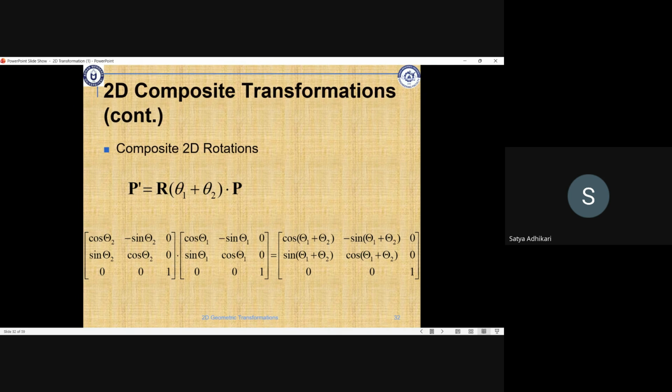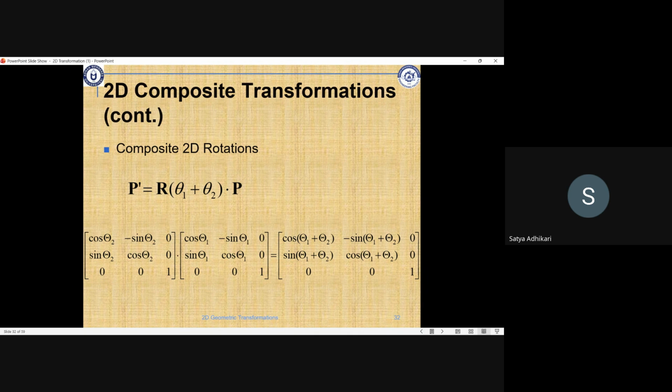Similarly, you see, in the case of composite 2D rotation, we multiply the first two, one for theta 1 and one for theta 2. That is, we first want to rotate by the angle theta 1, then by the angle theta 2. Suppose first we want to do 30 degrees and then 60 degrees.